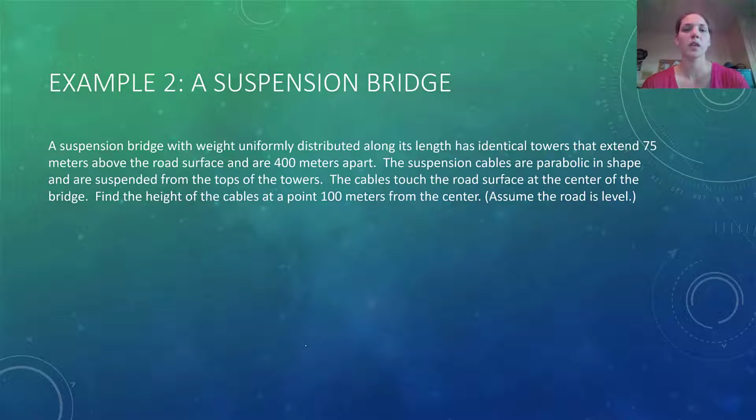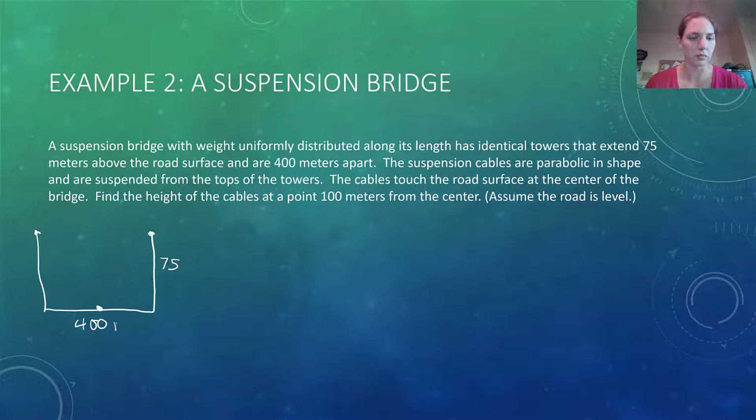Let's do another one. Now we have a suspension bridge. The weight is uniformly distributed along the length, and it has identical towers that extend 75 meters above the road surface and are 400 meters apart. I need to draw this. 75 meters up, 400 meters apart.